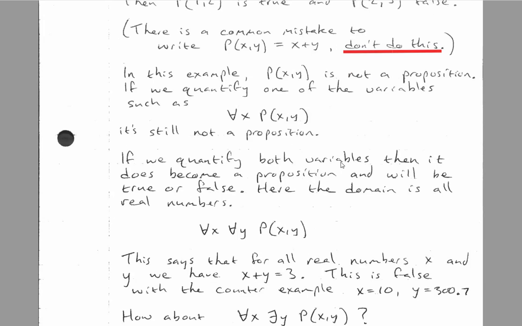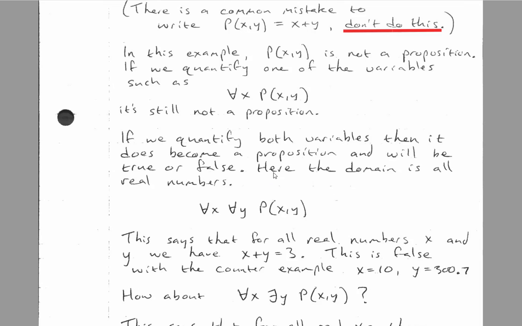But if you quantify both of the variables, then that does make it a proposition, and it will be true or false. Here we're talking about numbers, say all x and y are real numbers.